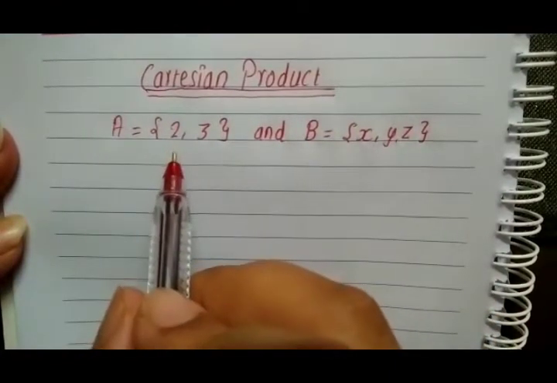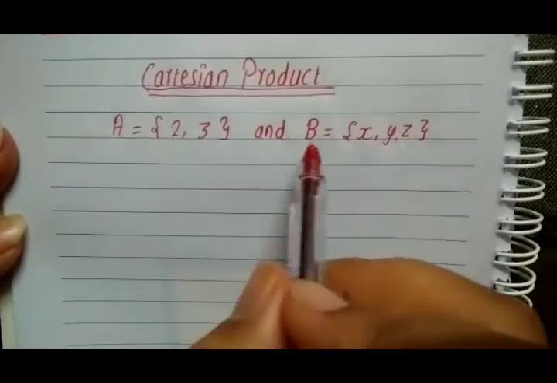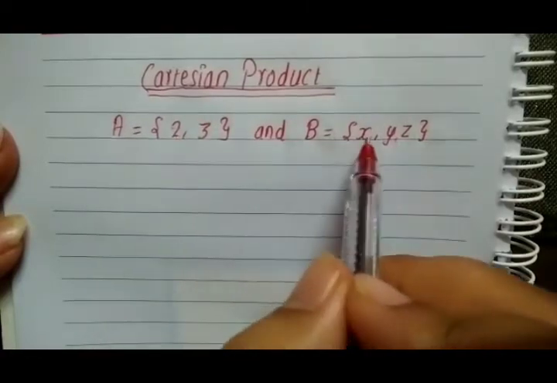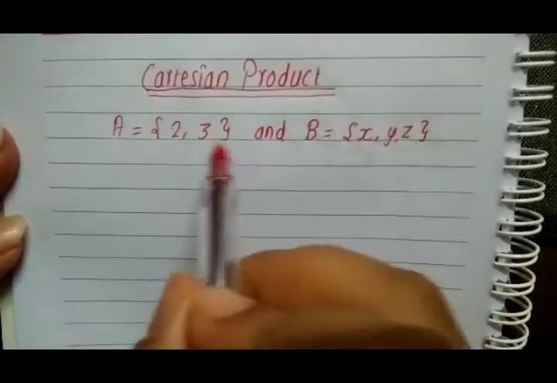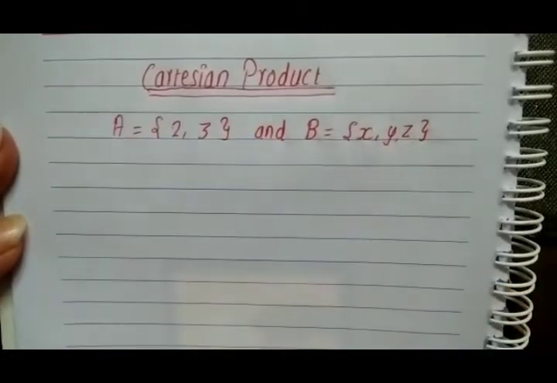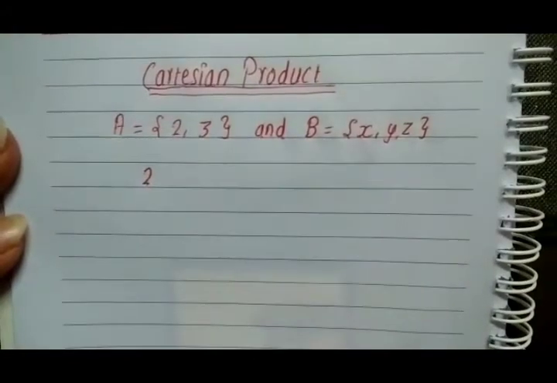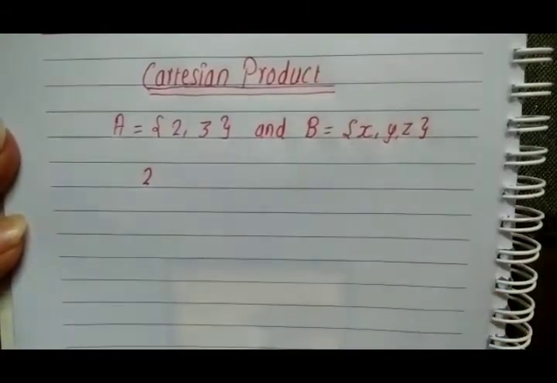Now, can you think how many ordered pairs we can form with the help of these two sets by cross matching each element with the other set's elements, like 2 with all of these and 3 with all of these. Let me elaborate more. Now we are going to make a set of ordered pairs with the help of A and B both together.